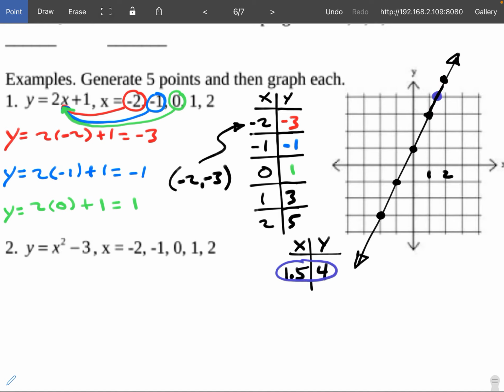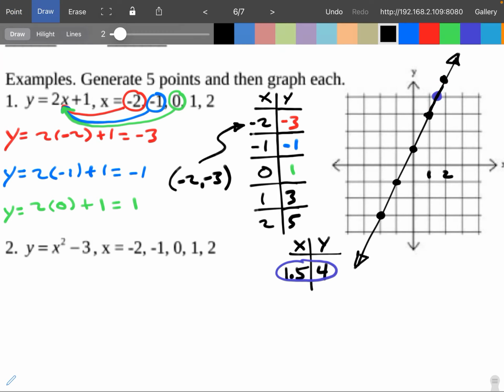Okay, and then people always ask, well, why do you graph the line? Well, every single one of these points is a solution to the equation. Does that make sense? So let's say I use this color here.